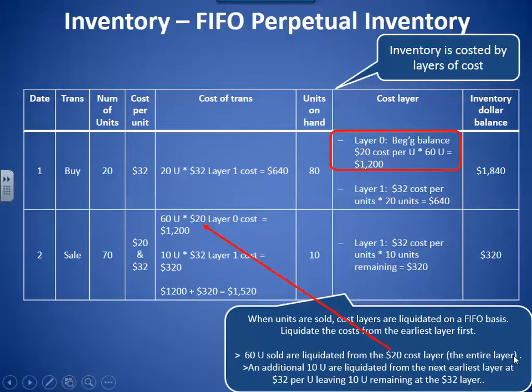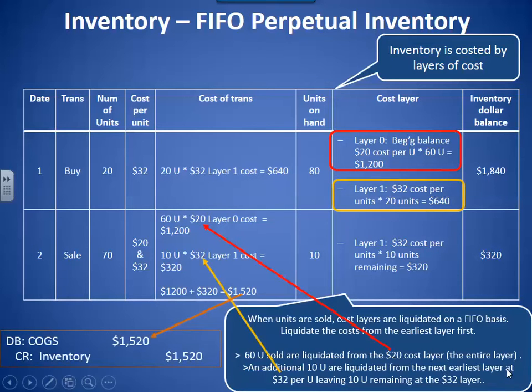And we have 10 more units because we actually sold 70 units, not 60 units. So an additional 10 units are liquidated from the next earliest layer, and that's going to be at $32 a unit, leaving basically a layer 1 at 10 units at the $32 layer.